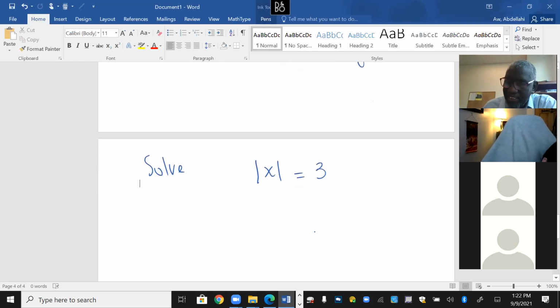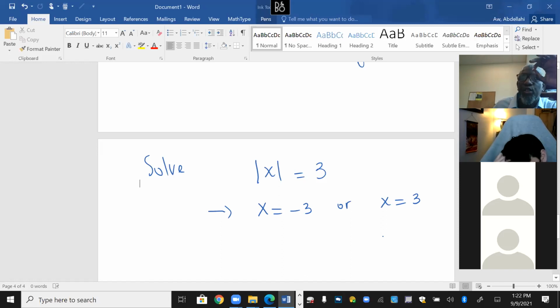When it is equal to x, we said x equals 3, right? When we say equal to -x, we say x equal to -3, right? So what are two numbers whose absolute value is 3? They are 3 and -3. Exactly. So this tells you x equal -3 or x equal +3.